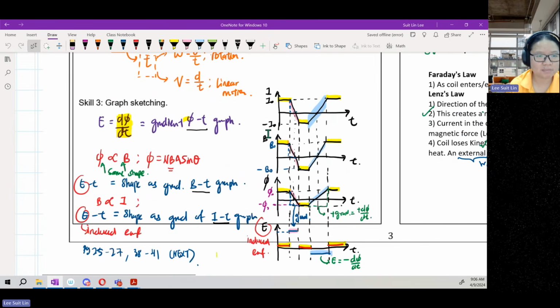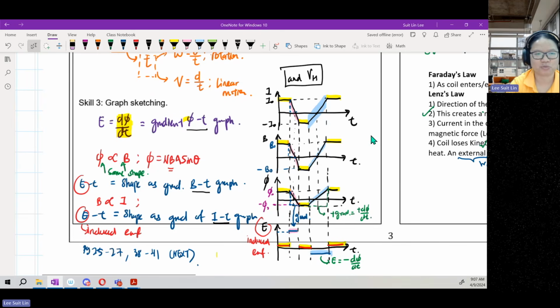So I, B, and flux and VH will all have the same shape. They won't have the same values, but they will have the same shape because they are all proportional. Flux is proportional to B because flux is NBA sine theta. B is proportional to I because of the mu naught NI over 2R.